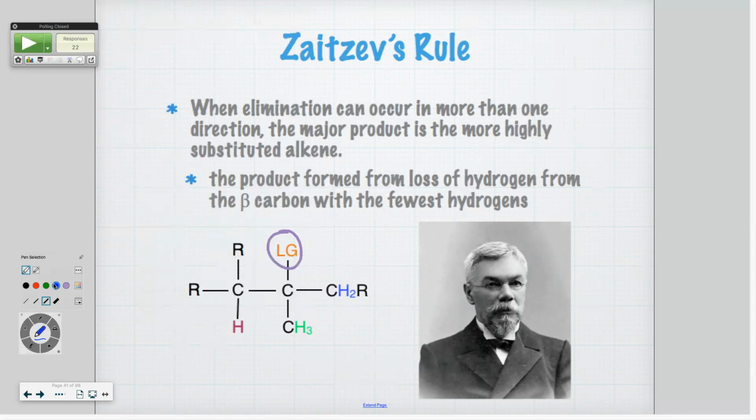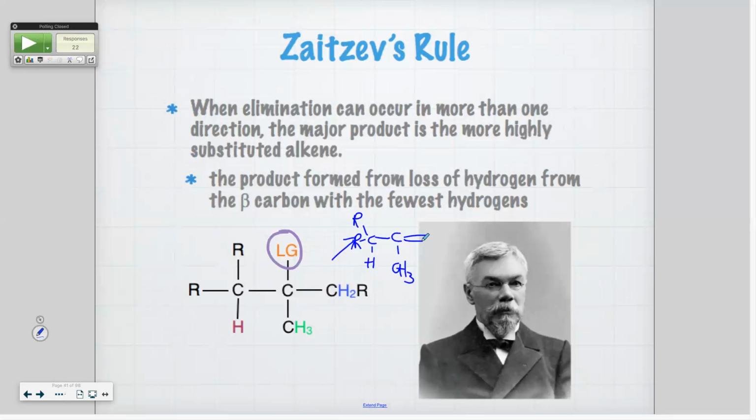We'll just do them all. You would get, here's the blue. That's this carbon over here, and then C, CH3, Zaitsev.